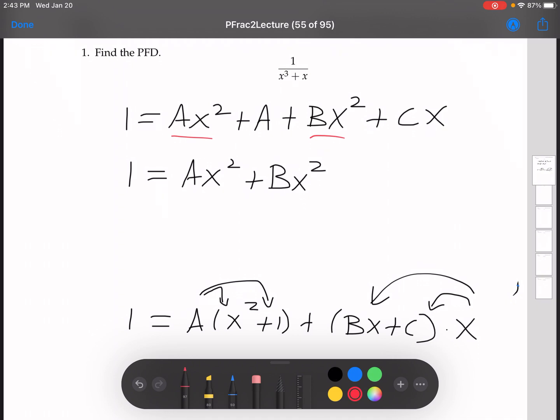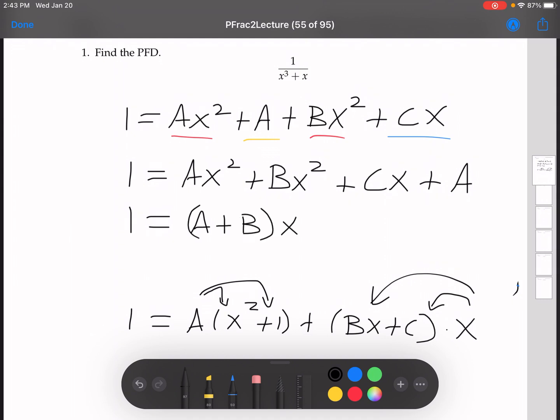And then all the things with just an x, there's only one of them in this case, plus cx. And all the things with no x's, there's only one of them in this case, plus a. Now using the distributive property in reverse, we have (a plus b) x squared plus cx plus a.